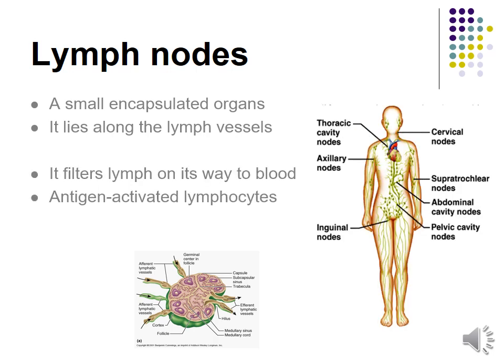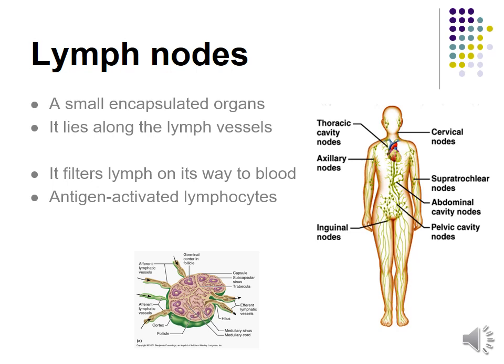The main groups of lymph nodes in your body superficially are cervical lymph nodes, axillary lymph nodes, inguinal lymph nodes. The supratrochlear lymph node is superficial, but it's mainly affected by medical causes of lymphadenopathy, not surgical causes.